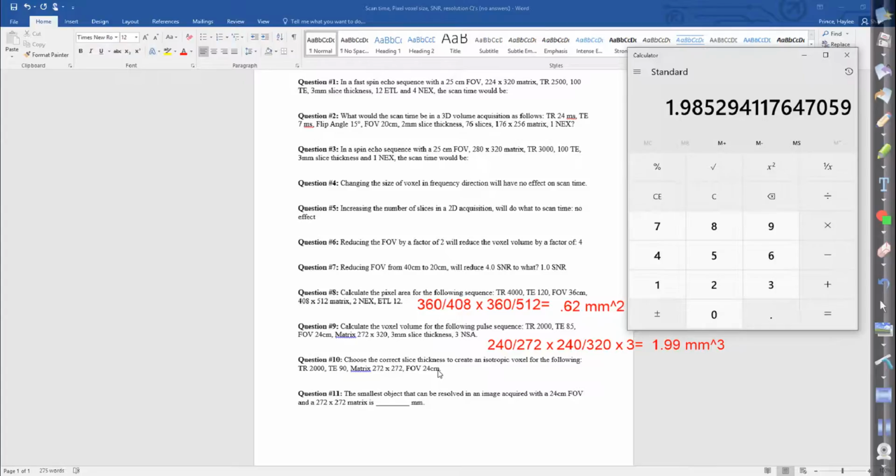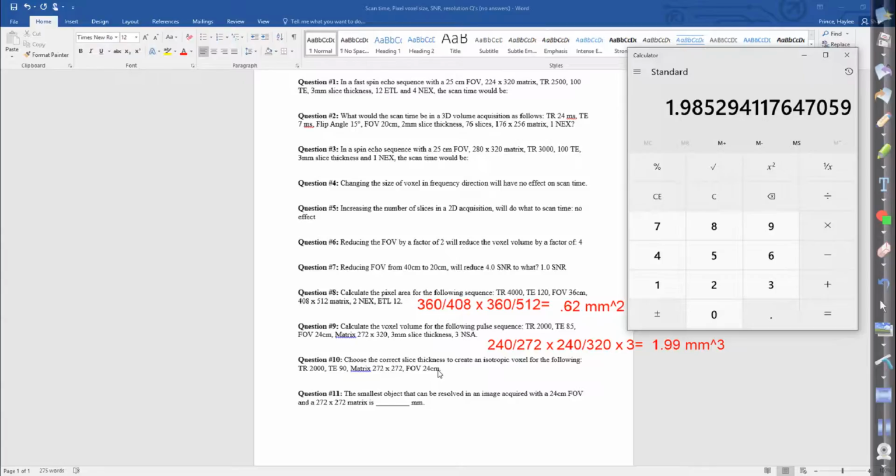Matrix size, same number. Just look at the matrix and it's the same number. So the matrix number is the same, but remember that's just the pixel dimensions. So you have to think about how to get the size of just your frequency and your phase direction. Calculate pixel size. Exactly.